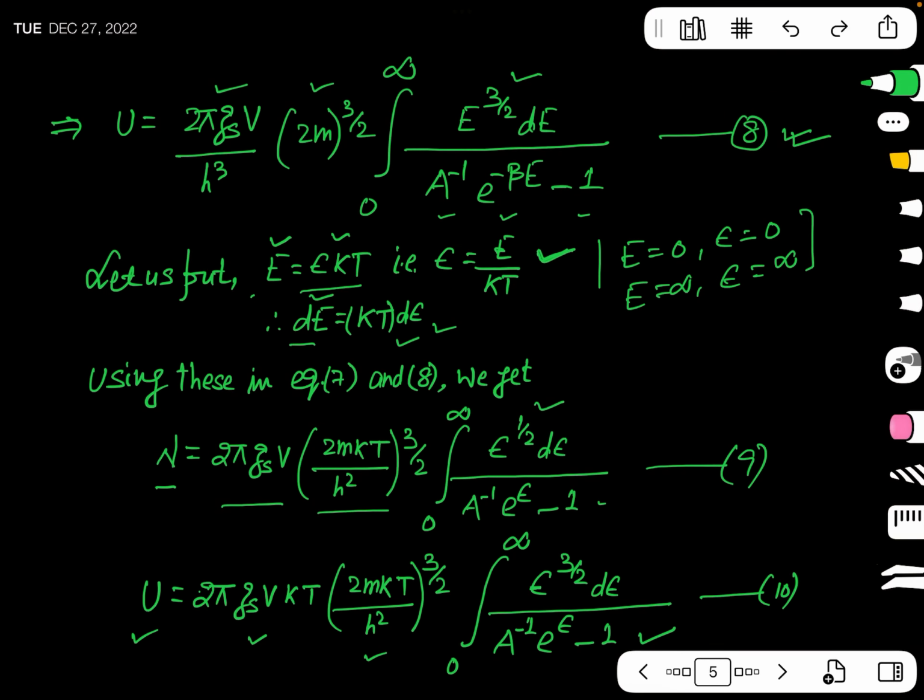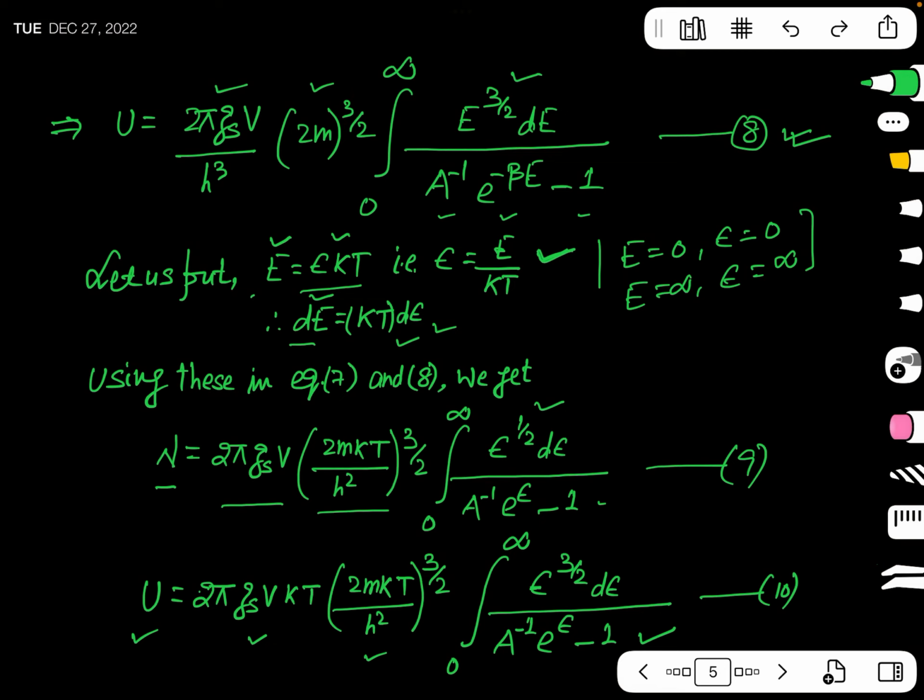and in this limiting condition we want to evaluate these integrals. For this, first of all, we will have to expand this 1 over a inverse e to the power minus beta e minus 1, or in other words, a inverse e to the power epsilon minus 1.